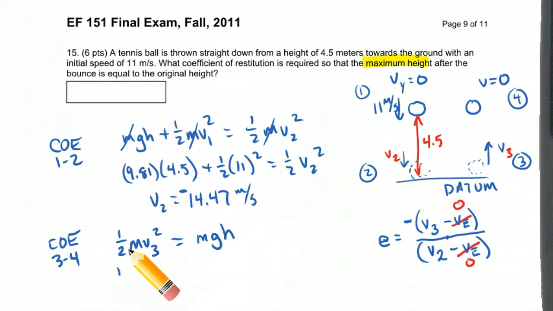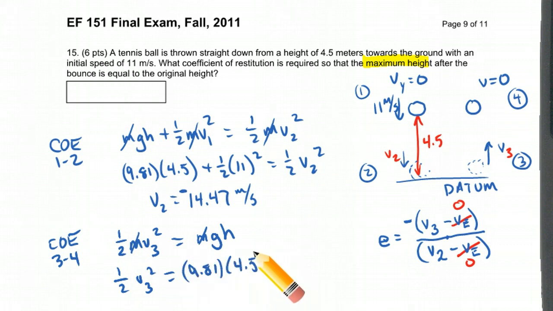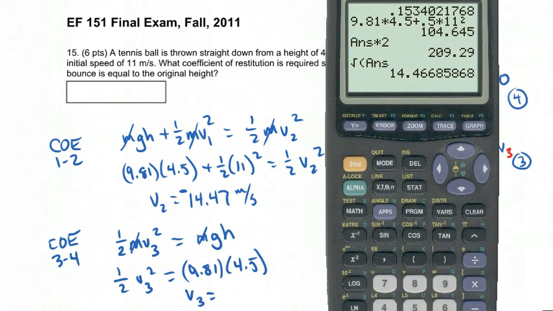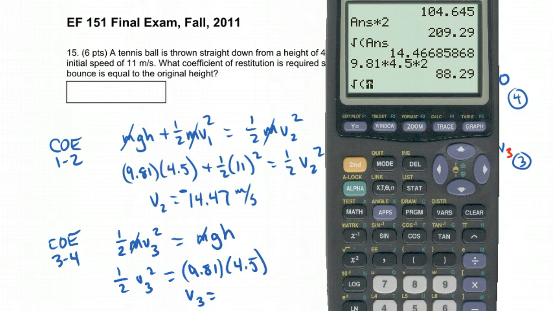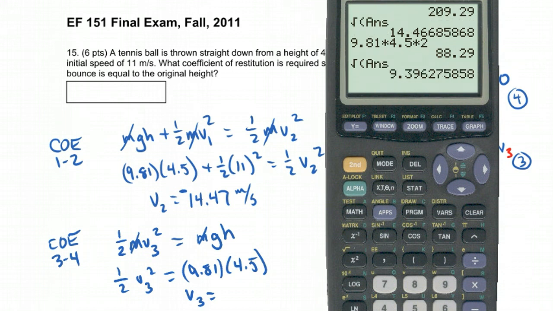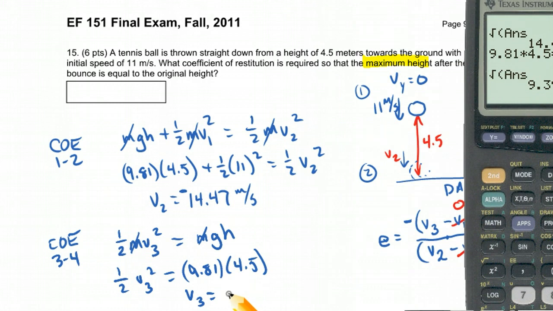Again, masses cancel, so 1/2 v3 squared is equal to 9.81 times 4.5, and v3 will come out to be the square root of 9.81 times 4.5 times 2, which is 9.396. And that's going up.